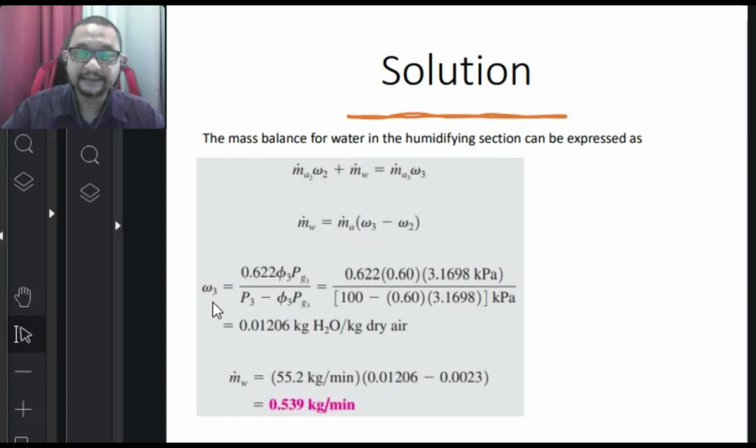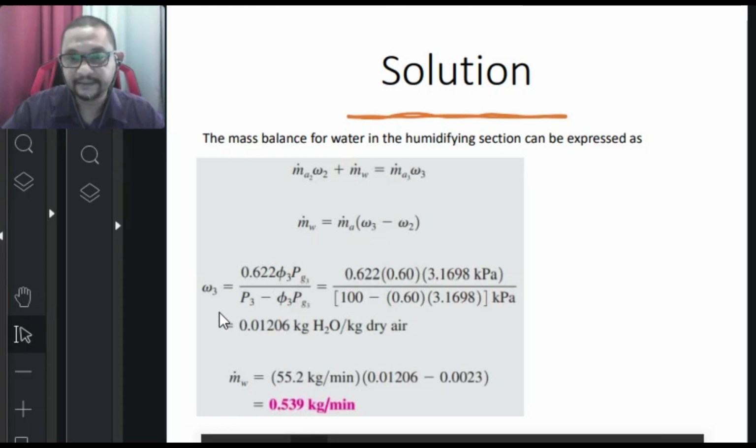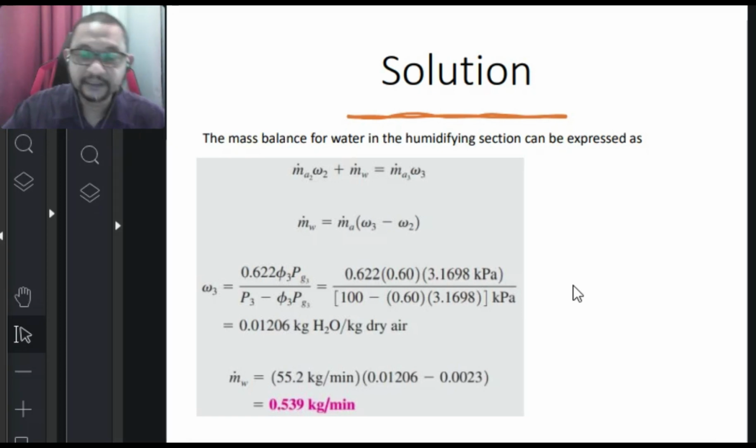Omega 3 can be found using the specific humidity equation. So you get the value for omega 3, and then put this value into the equation. m dot w will give your answer of 0.539 kilogram per minute. Okay, that is the solution for this example.